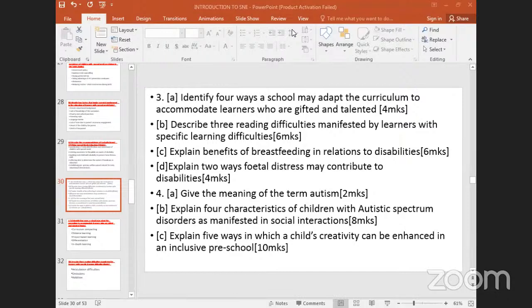Acceleration, I think, is where you cover the work in a shorter time than the recommended one. So we now have two points here, acceleration and enrichment. Any other?